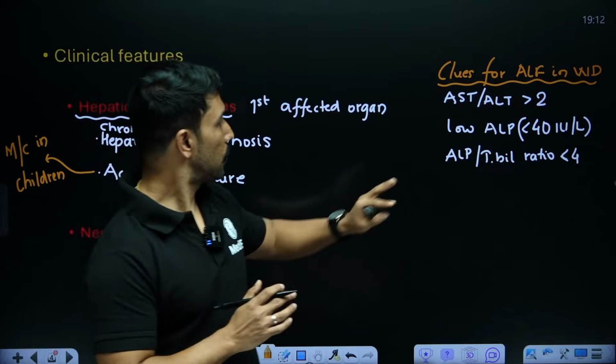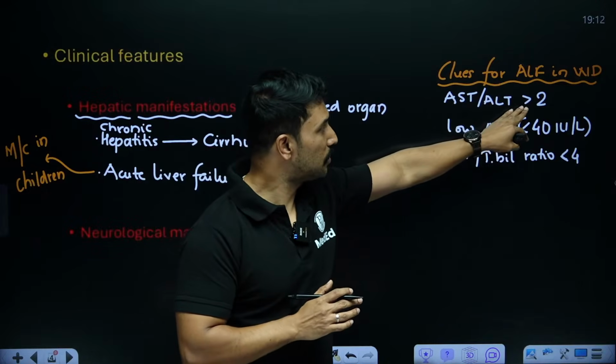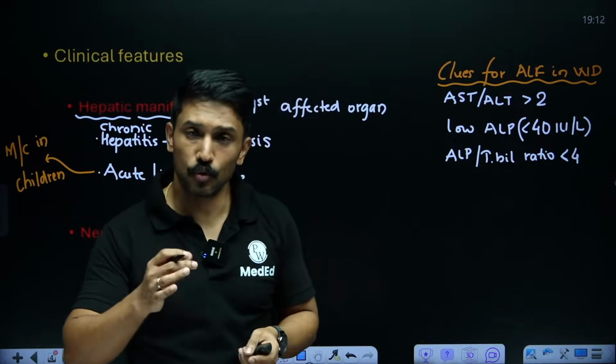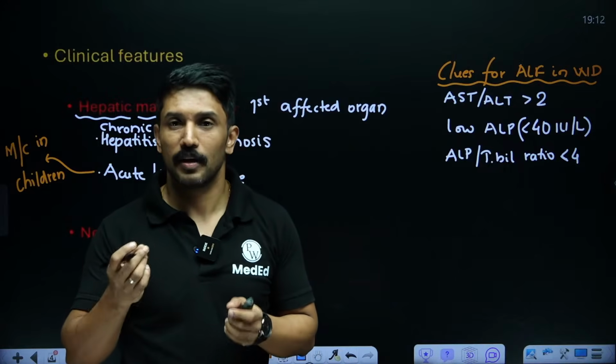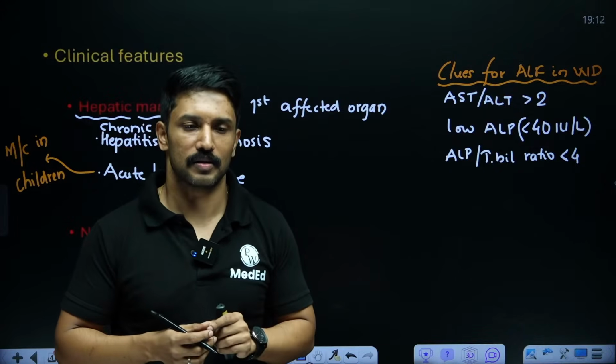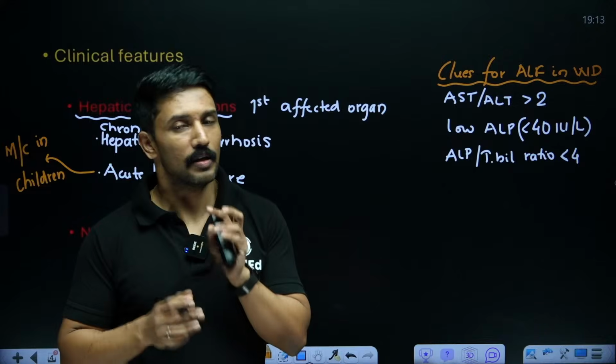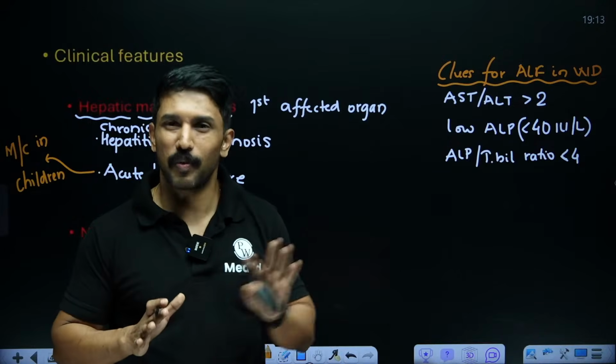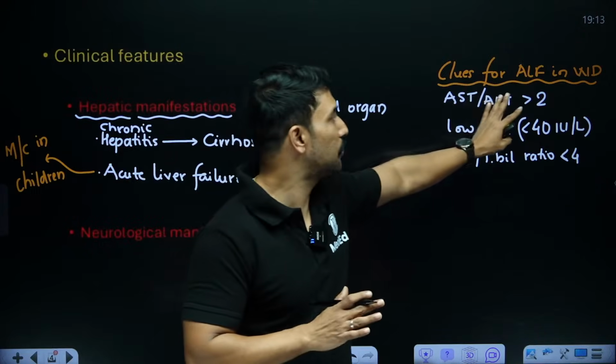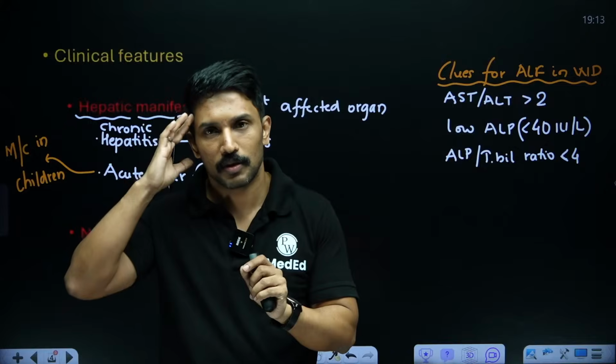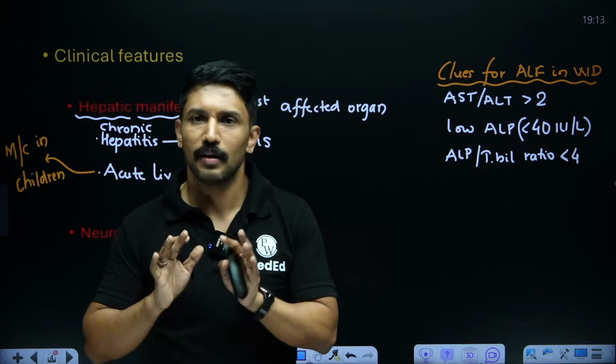Remember, we get this AST by ALT ratio more than 2, sometimes even 3 or higher, in patients with alcoholic hepatitis. So unless I am suspecting Wilson disease, if I get an AST by ALT ratio greater than 2, the first thing that comes to my mind is alcoholic hepatitis, right?